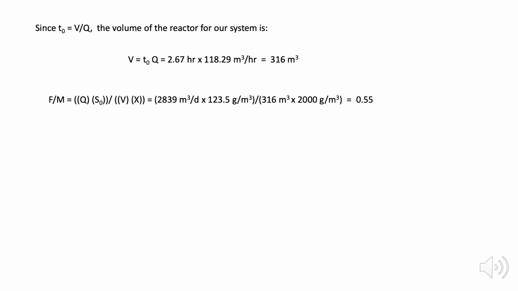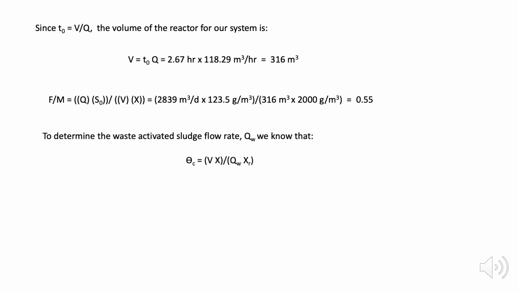And in primary treatment, we're going to remove about 35% of the BOD. So 1 minus that 35%, or 65% of 190, is 123.5 grams per cubic meter. So that's why we use that 123.5. So that makes the food to microorganism ratio then for this particular system 0.55, which is a pretty good value for a typical activated sludge process.